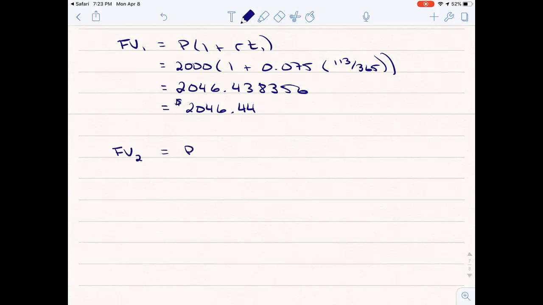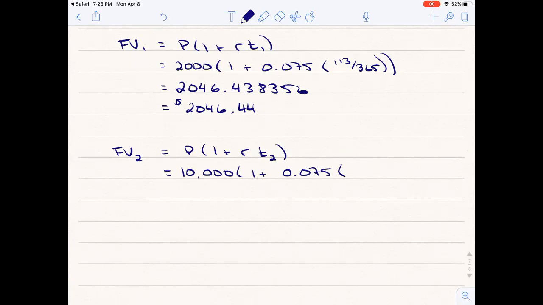Moving on to future value 2 is P times 1 plus R times T2. P for future value 2 is 10,000 times 1 plus R, which is 0.075.